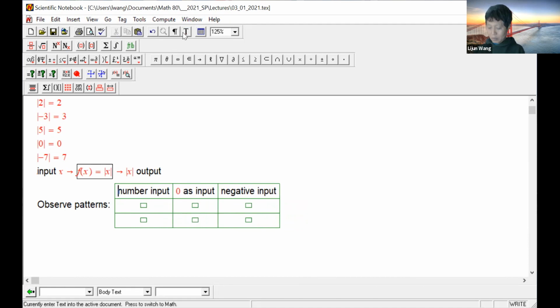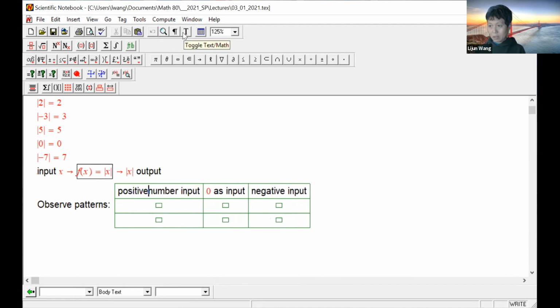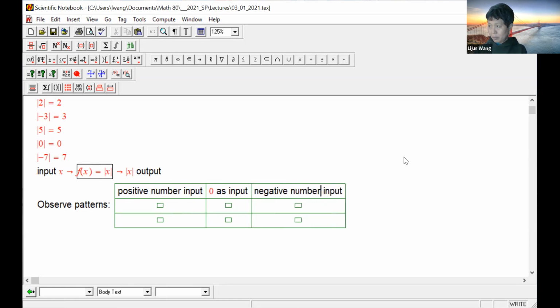Positive number input, I want to have this color. Positive number input, negative number input. Does everybody follow me?